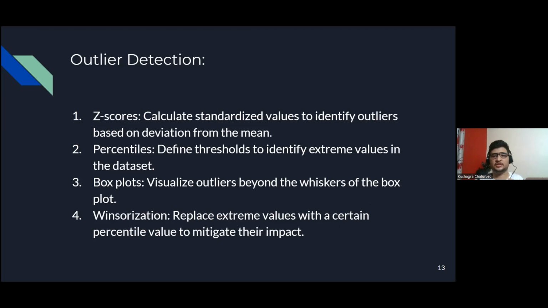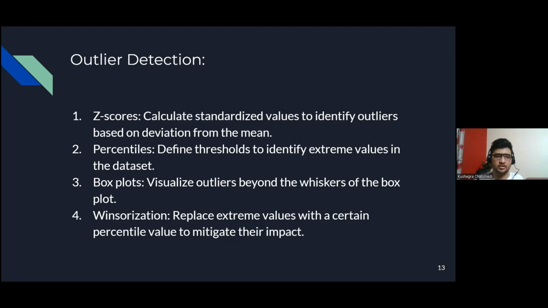Outlier detection is basically calculated using the z-scores. We use the standardized values to identify the outliers. We define the percentiles. The percentile is the basic percentage of data that is present up to a particular point. So we can use those percentiles to determine the basic threshold so that we can determine the outliers.